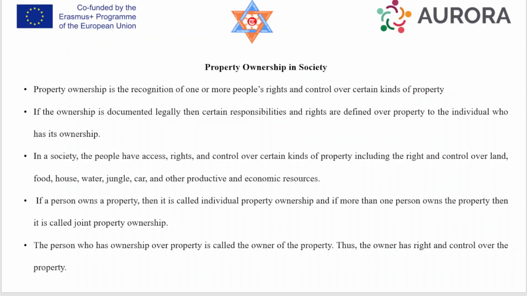The term owner is designated to the persons with ownership over the property, implying that they have both the right to and control over the property. In essence, property ownership establishes a legal framework defining the relationship between an individual and the property they possess.